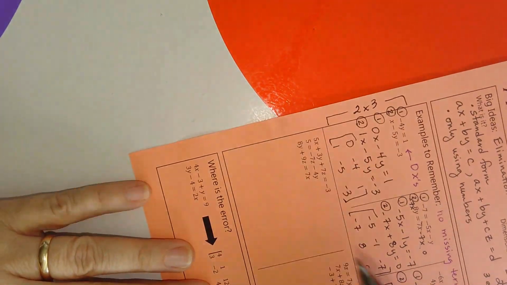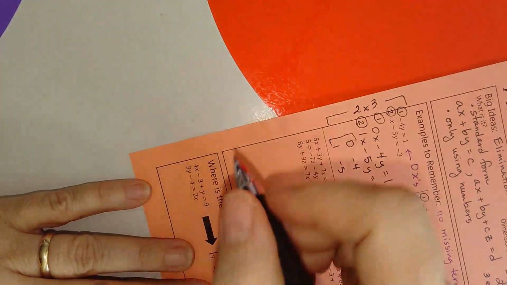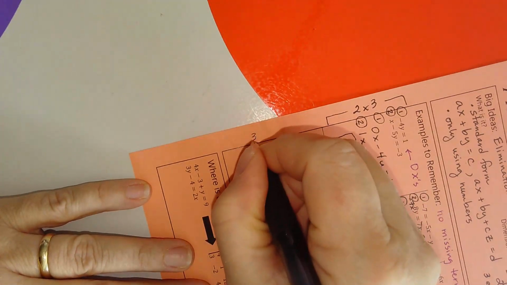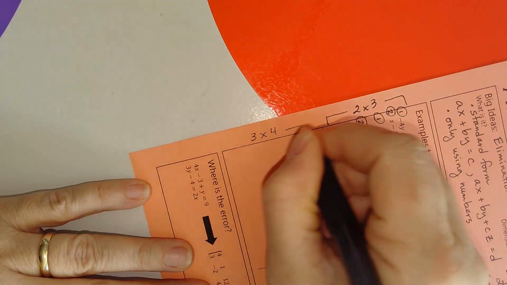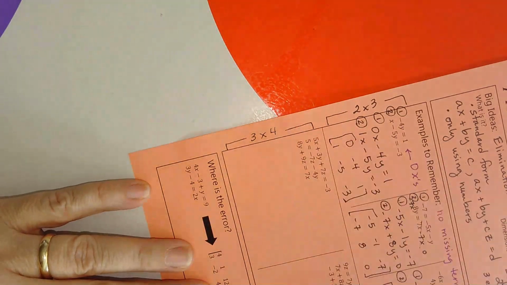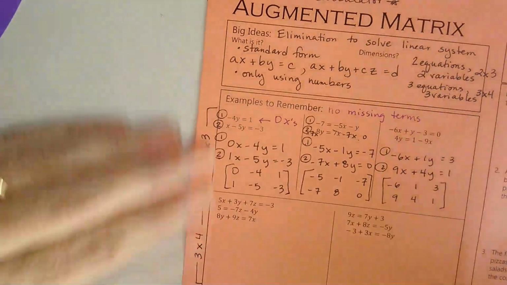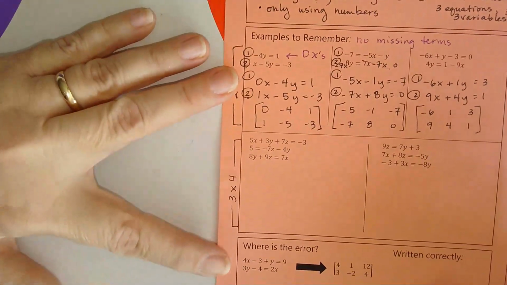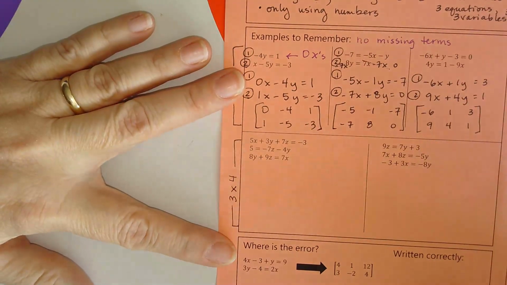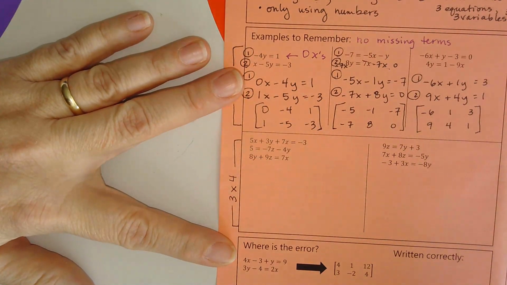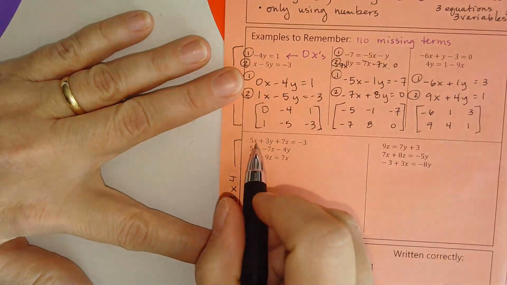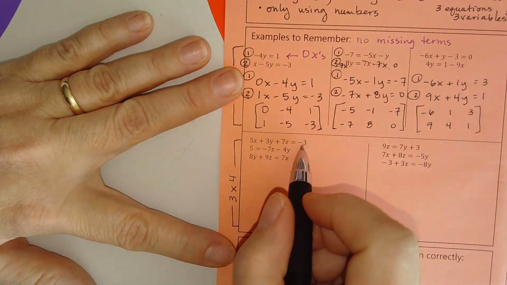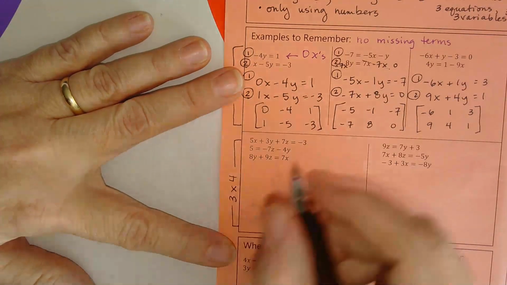The next set of equations we will write as a matrix are 3 equation systems. I'll have 3 variables for my 3 equations. When I take the symbols out, I'll have 3 rows of numbers and 4 columns. This first equation is already in standard form.